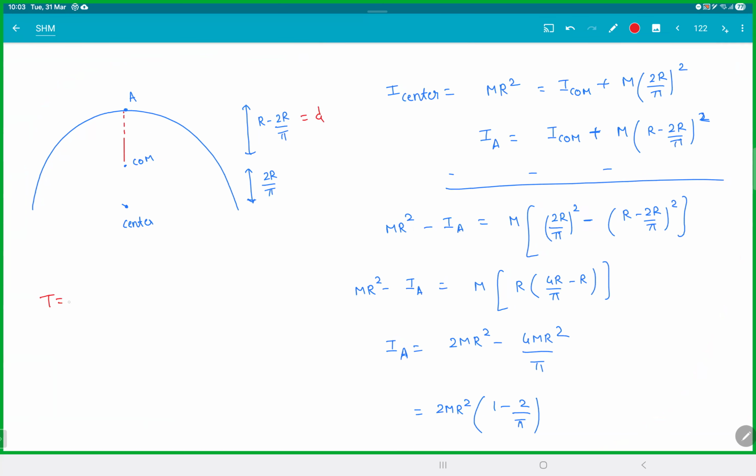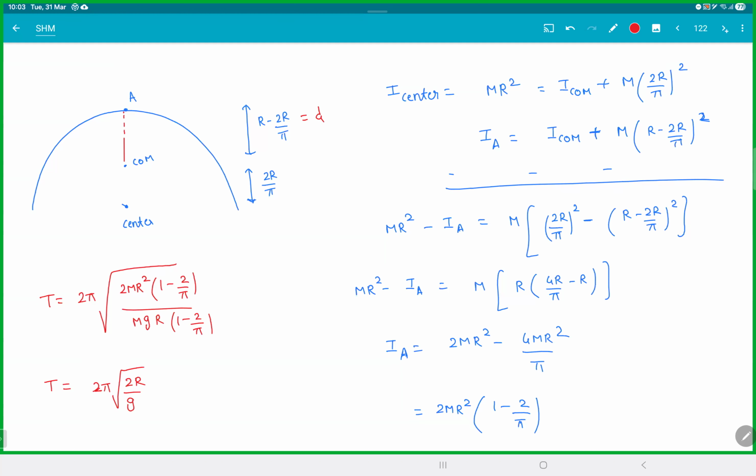So when you apply the formula, time period is 2π root over I hinge, which is 2mR², (1 − 2/π) by mgd. d is again R into (1 − 2/π), that gets cancelled. You get 2π root over 2R by g. There. You get a pretty good answer.